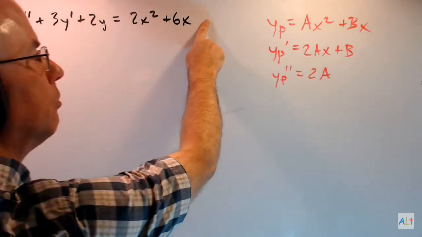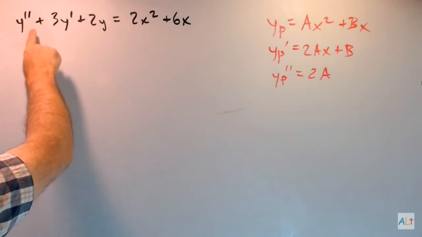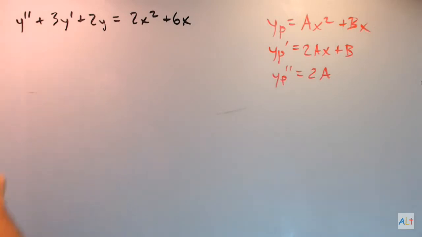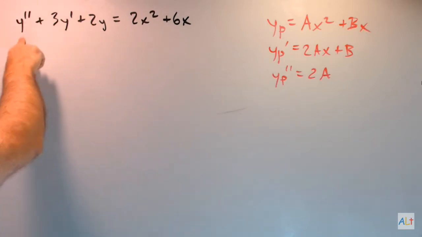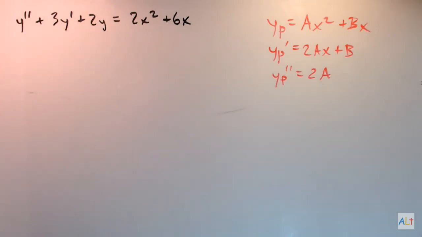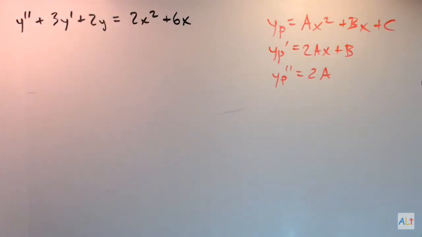But there are no constant terms over here, which means if you've got a constant here and here, they're going to have to cancel out. But the truth is, there might even be a constant term in here. Maybe you have constants in all three of these terms that are going to cancel out. So we really need to be careful and put one more term over there.